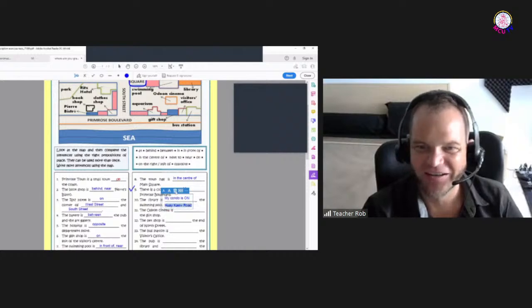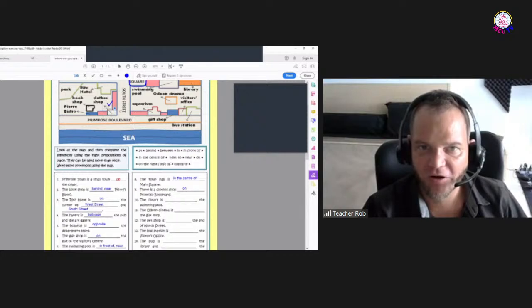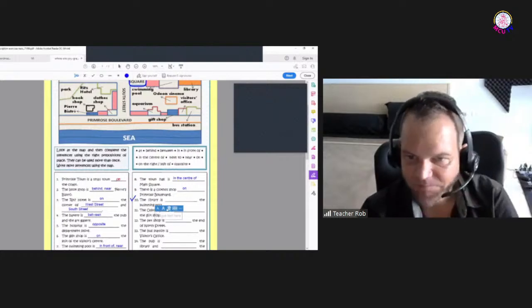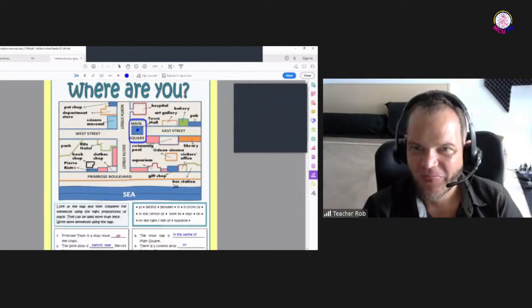So very good. All they're saying is there's a clothes shop on Primrose Boulevard, and we see it right there. Now here's number 10, the library. The library is blank the swimming pool. This could be a couple of things. The library is the orange one, the swimming pool is the white one.